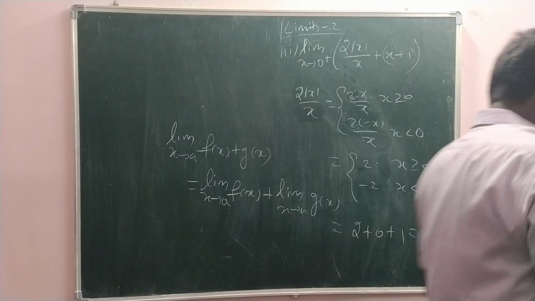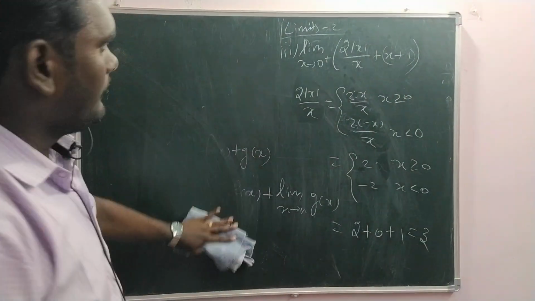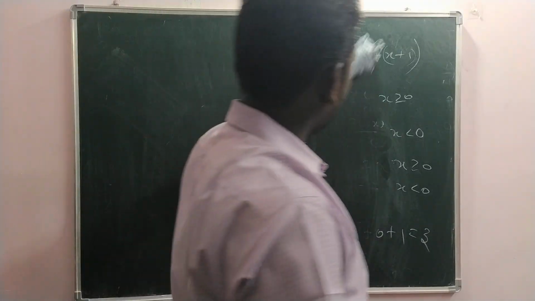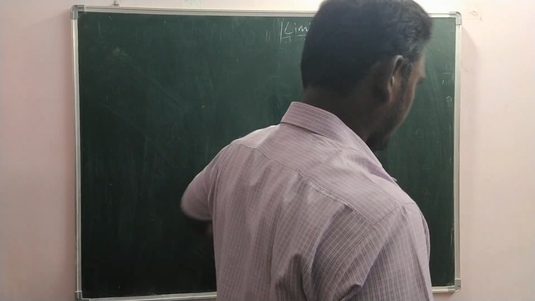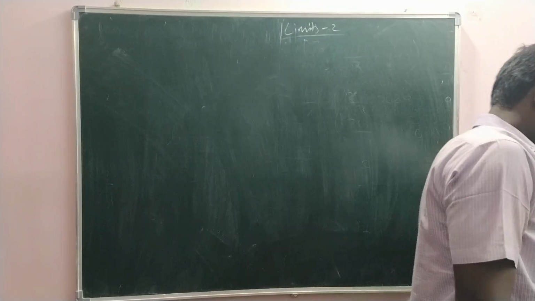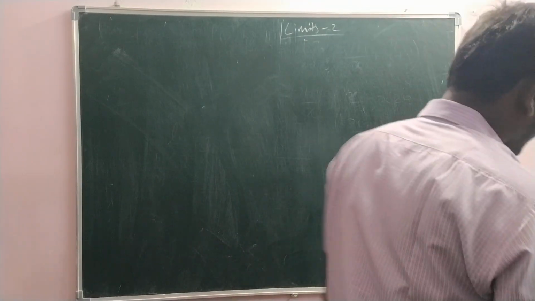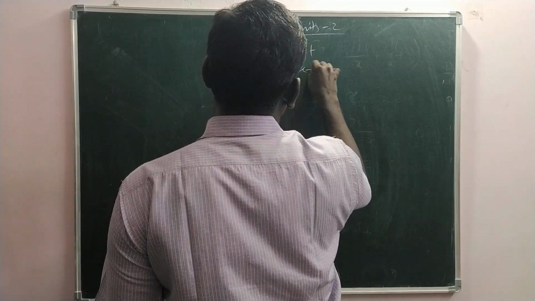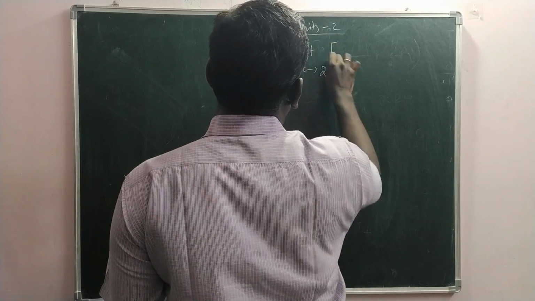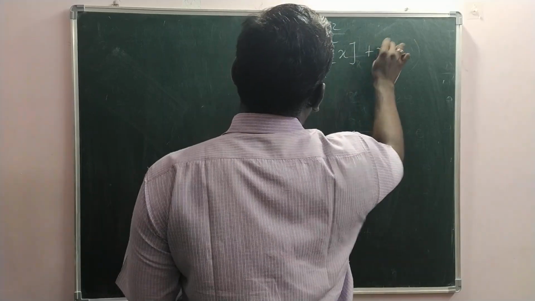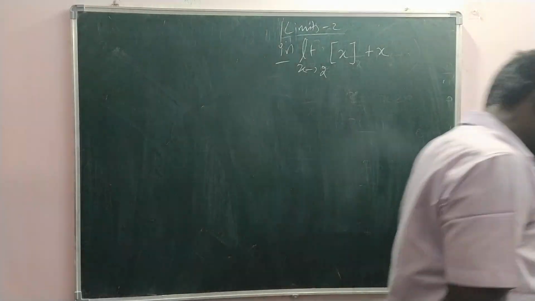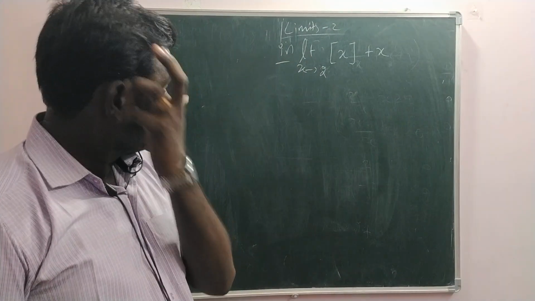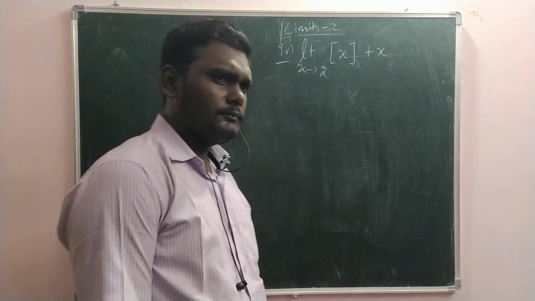Okay. Do you know step function? Forgot. Okay. Let me see. Graph will go stepwise. Limit x tends to 2, step x plus x. Oh yes. Okay. What?